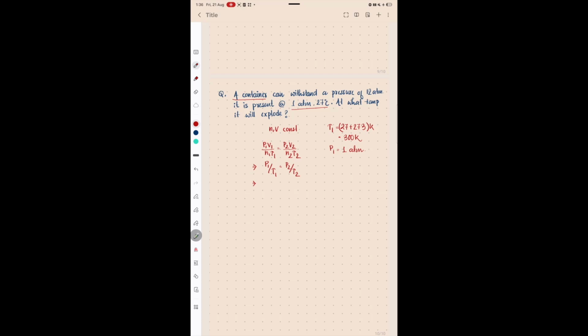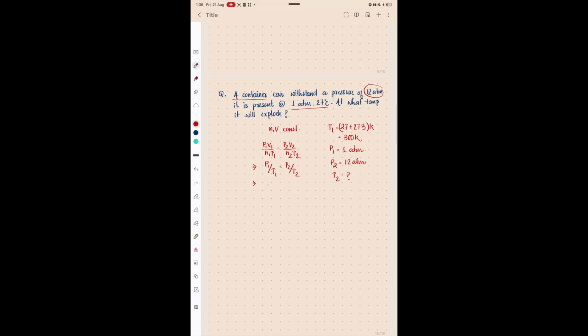Now it can withstand a pressure of 12 atm, that means if the pressure exceeds 12 atm, it will explode. So P2 is 12 atm. Now let's derive the temperature for 12 atm, I mean at what temperature it will attain 12 atm pressure, right?